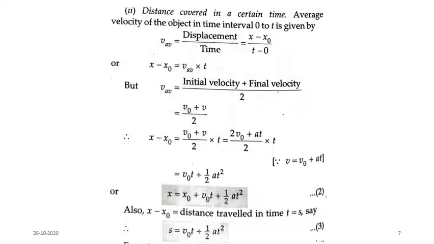Now in your v equals v0 plus at, let us substitute it here. So v0 plus v0 becomes twice of v0, and here at, divided by 2, times t. Now this 2 and this 2 get cancelled.